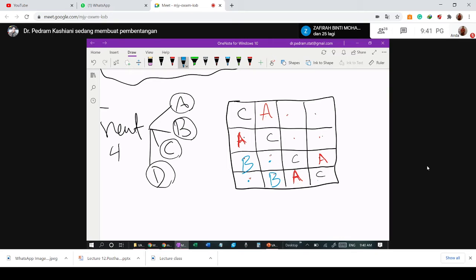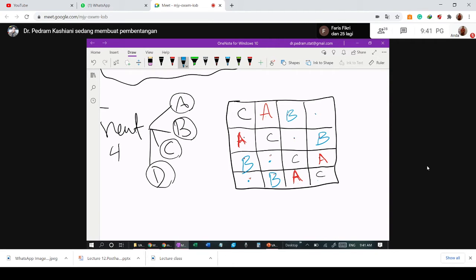Here, here and here also I cannot put B because I have one here. I come to this one. In this one, for example, I put a B here. Here and here cannot put B. I put my last B here. So B, B, B, and B.